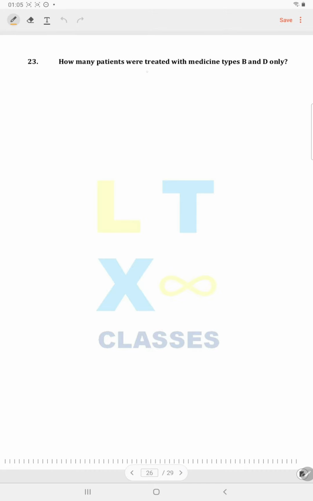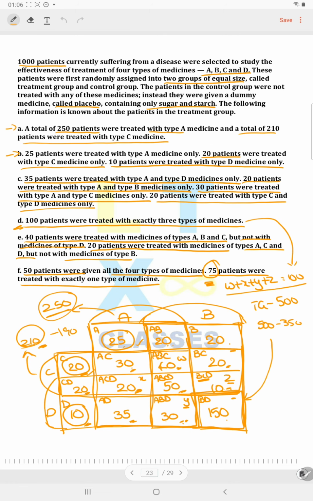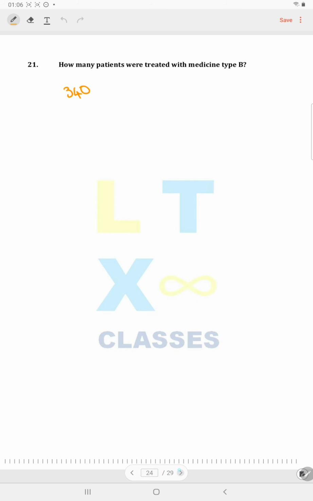How many patients were treated with medicine types B and D only? B and D only is this cell, the last cell, which is 150. So the answer to this question is 150.